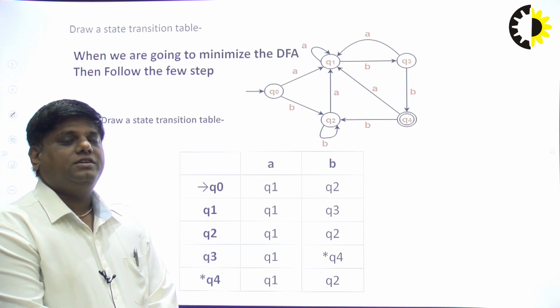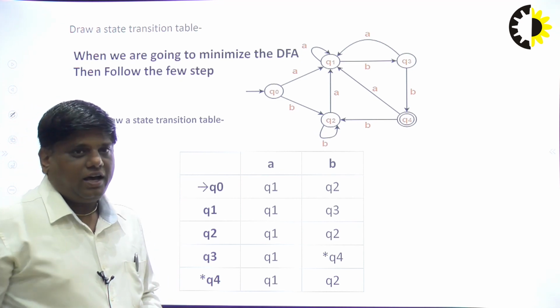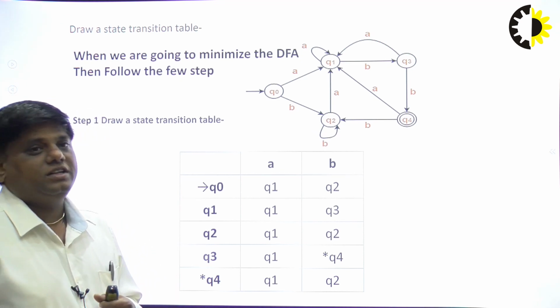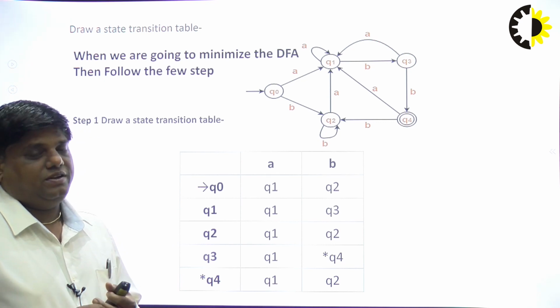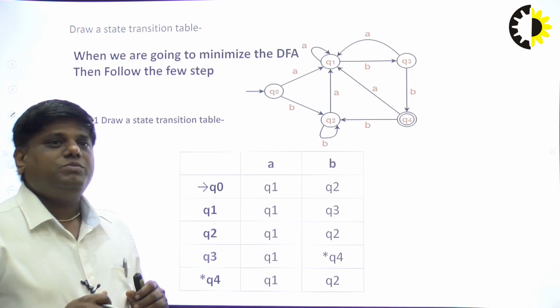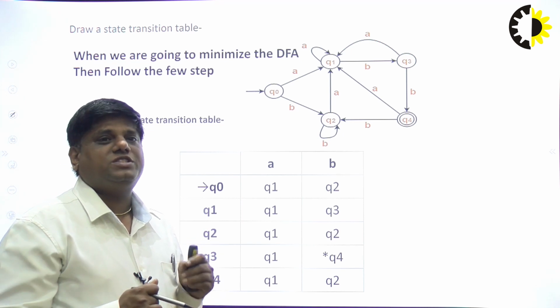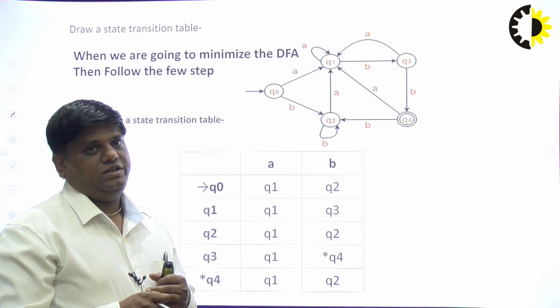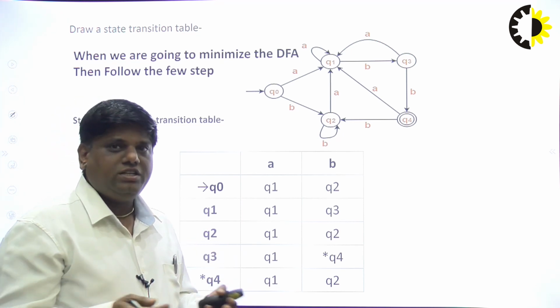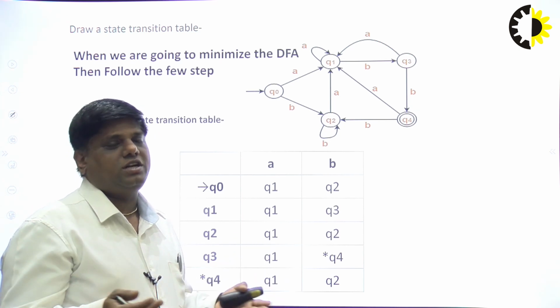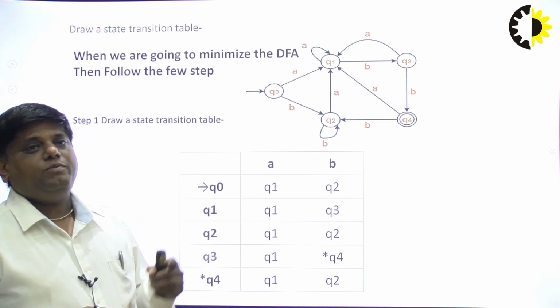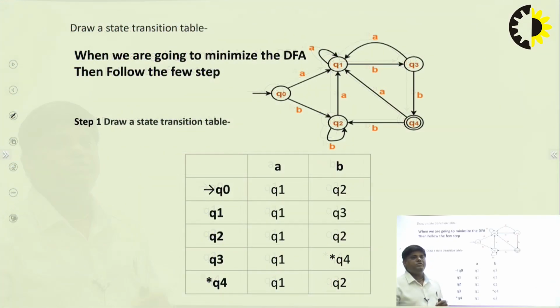Okay. Now we move to the minimization of the DFA. First, I explain what is required for the minimization of the DFA. In a minimized DFA, a minimum number of states exist, whereas the original DFA has more states. For any problem, the minimum DFA is unique, but more than one DFA may exist.